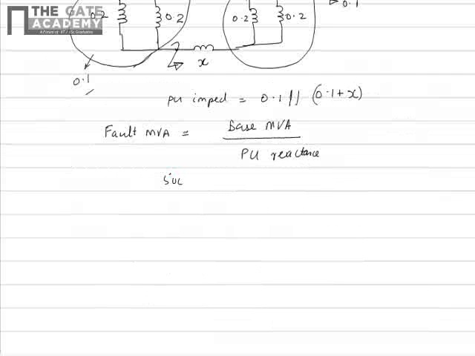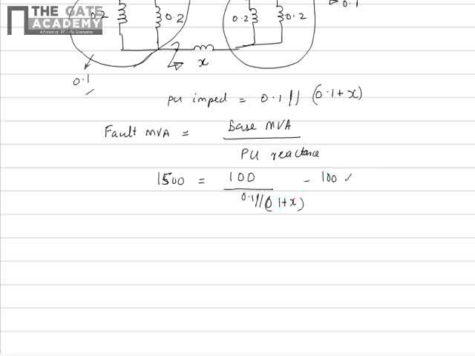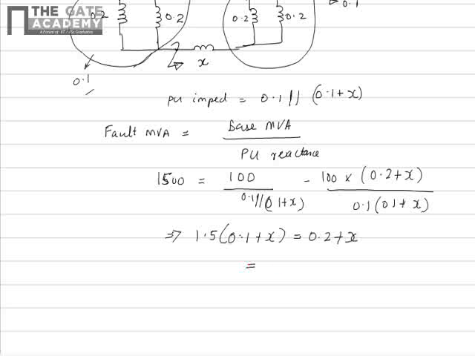So 1500 is equal to 100 divided by 0.1 parallel 0.1 plus X, that is 100 into 0.2 plus X divided by 0.1 into 0.1 plus X, that is 1.5 into 0.1 plus X equal to 0.2 plus X, which implies X equal to 0.1 per unit.